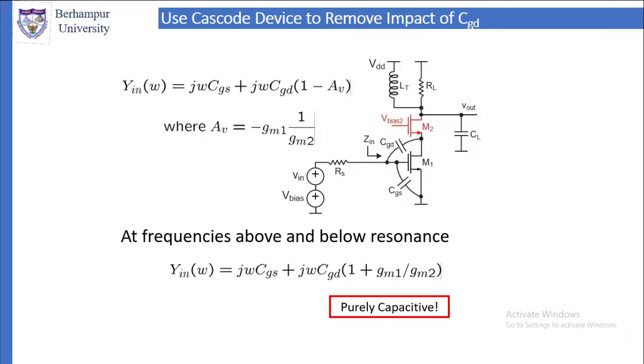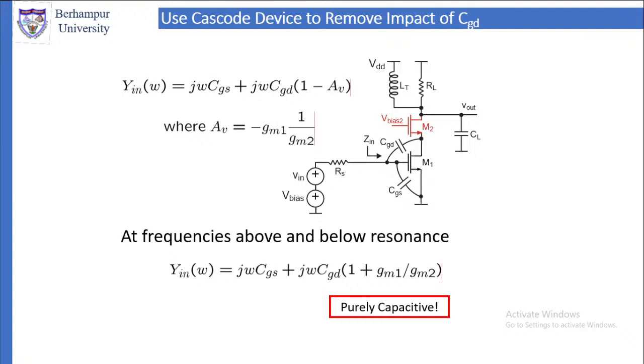If you don't have cascoding, it is GM into RP. When you have cascoding, it is GM into RP into 1 by GM into RP, so RP will cancel out. For the first transistor it is GM1, for the second transistor it is GM2. So AV is equal to minus GM1 into 1 by GM2.